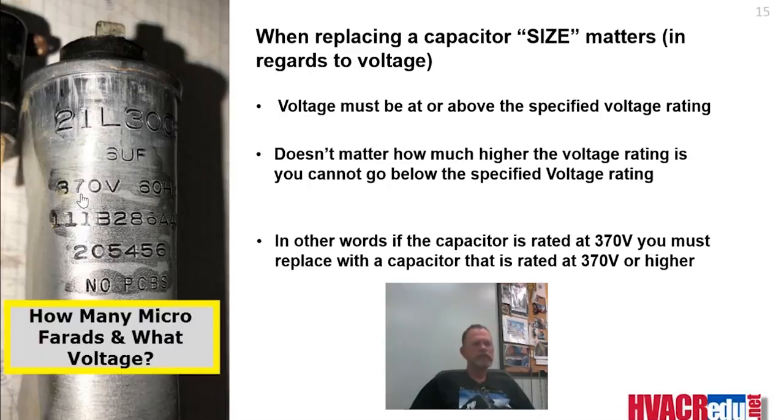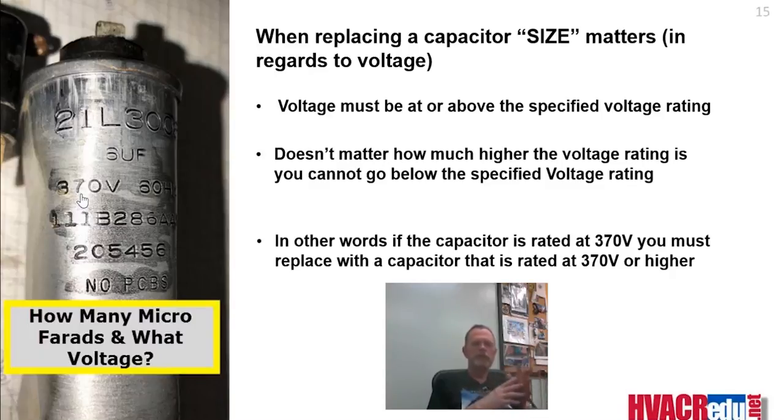If I didn't have a 370 volt capacitor and I had a 440 volt capacitor, a 600 volt capacitor, whatever, I could change that all day long as long as the microfarad rating was within plus or minus 10%. I can change that with a higher voltage capacitor.